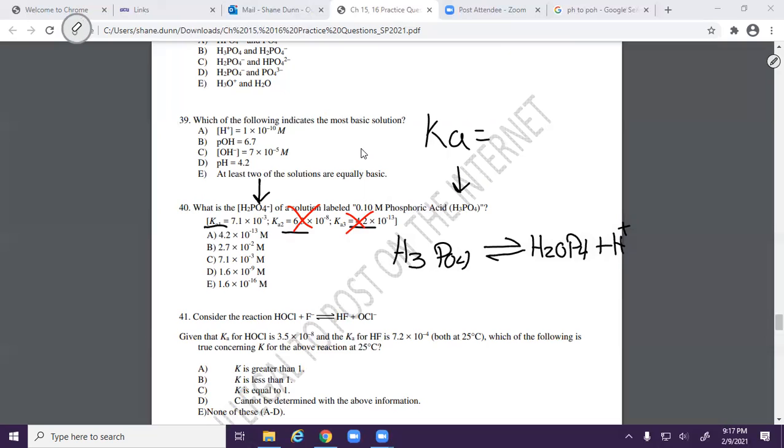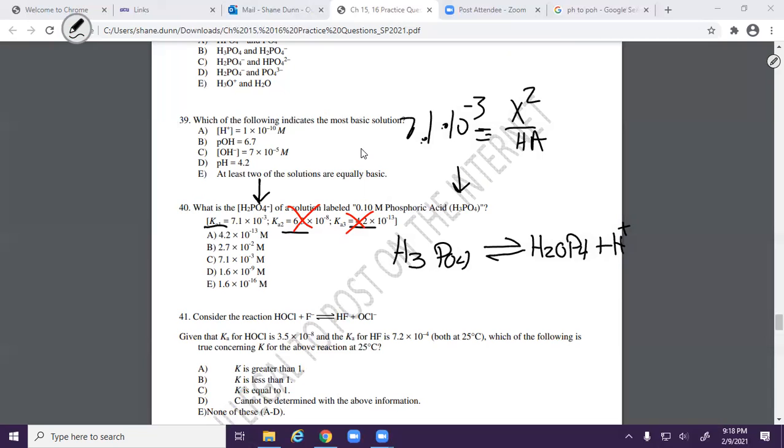Yeah, okay. We'll do that first. 7.1 times 10 to the negative 3. If you're dealing with Ka, what's it equal to? X squared over HA, basically, right? The concentration of hydrogen times the concentration of your conjugate base, over HA.